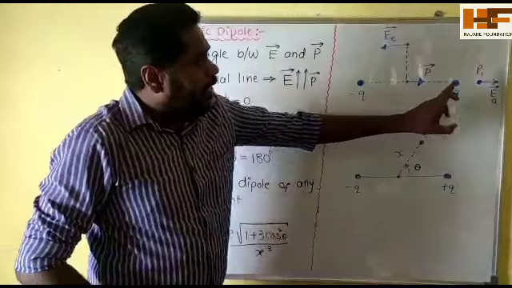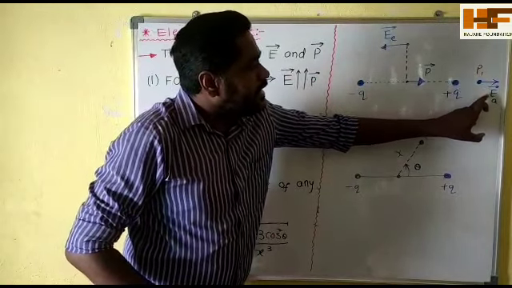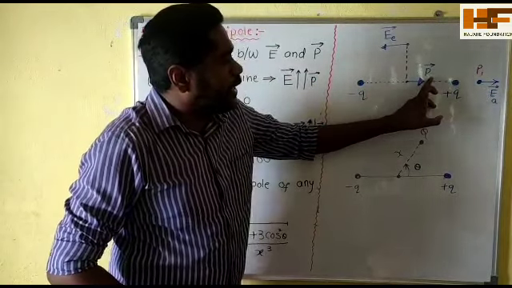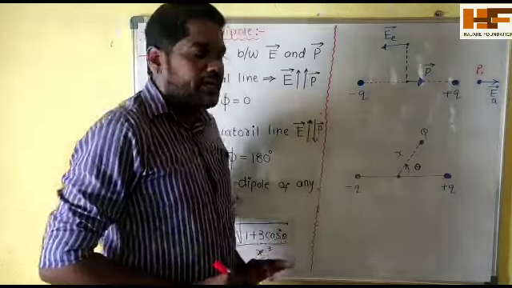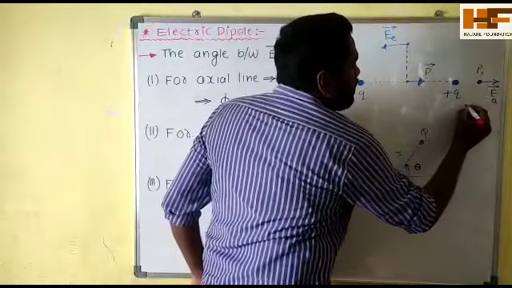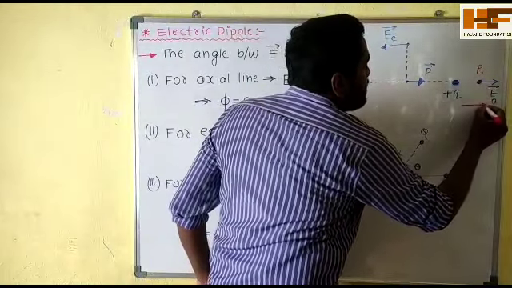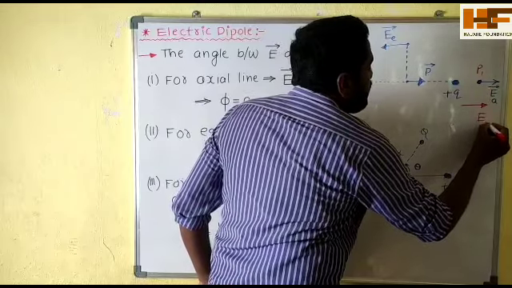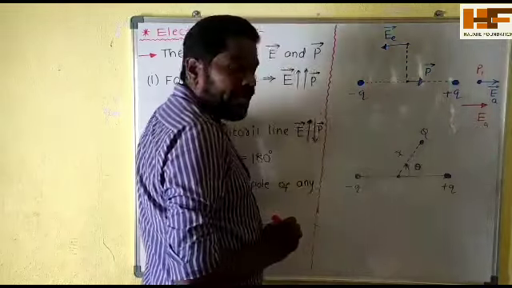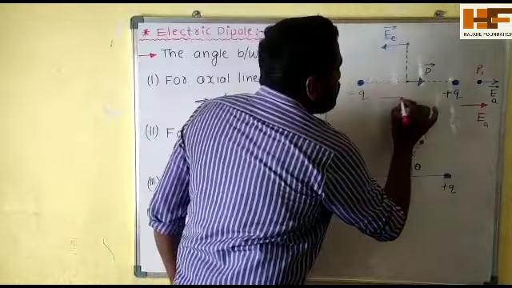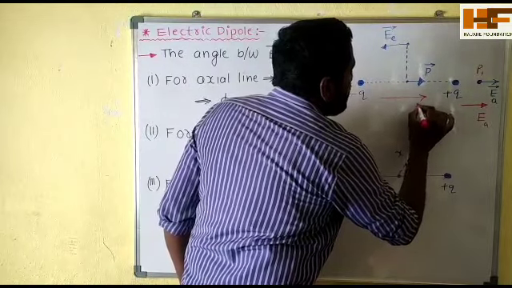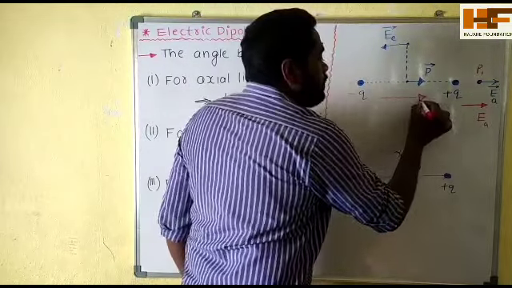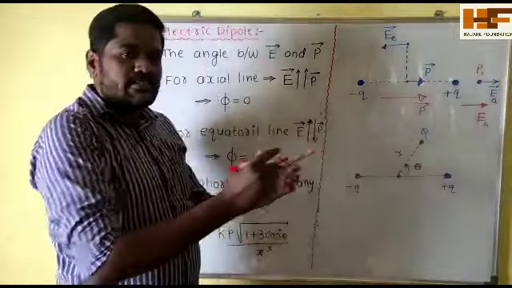For the point on the axial line, the electric field and dipole moment are both in the same direction. At this point P, the electric field is always like this, therefore this is E_A. And the dipole moment direction is always from negative charge to positive charge, therefore this is the P bar.